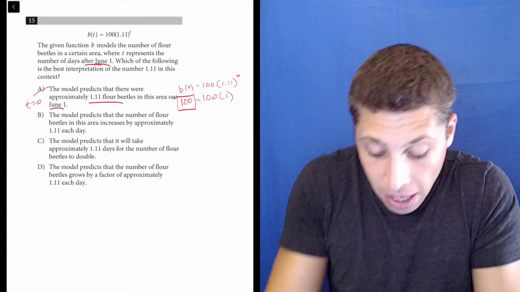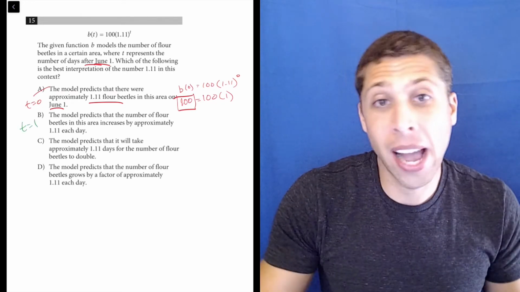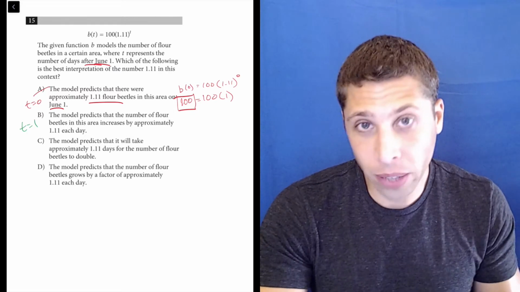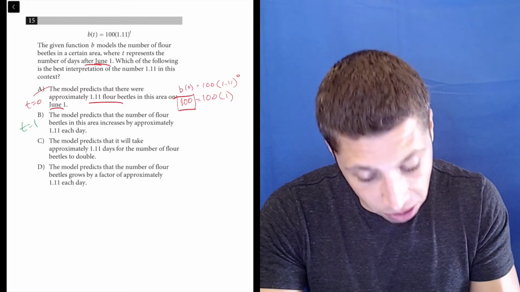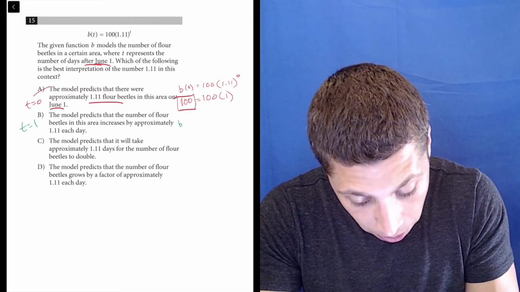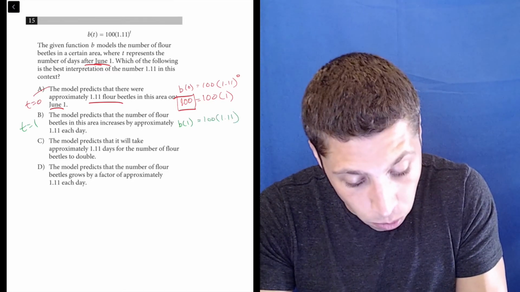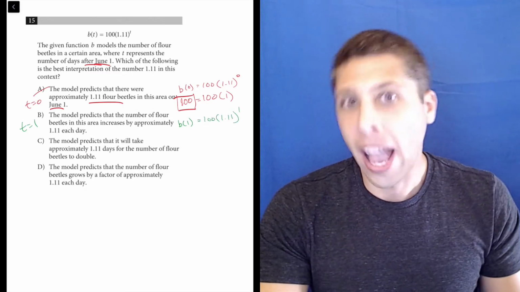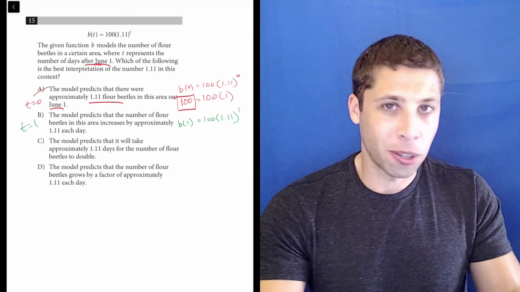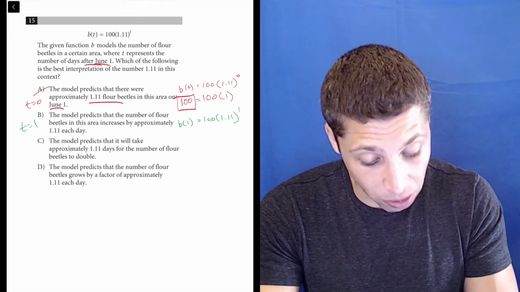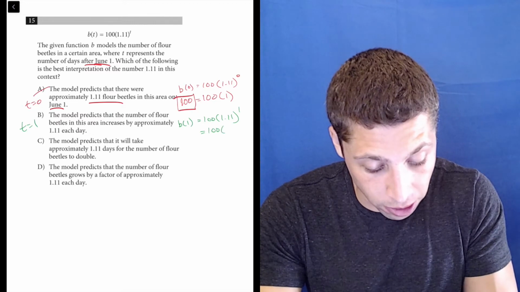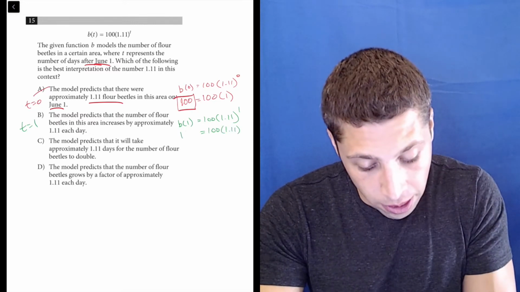Let's just see what happens when 1 day has passed, when t is equal to 1. I know this is a no calculator section, but you should be able to see that this is not going to work, right? So b of 1 is now 100 times 1.11 to the first. Anything to the first is just that number, so this is also easy to do, especially because it's 100. So 100 times 1.11 is 111.